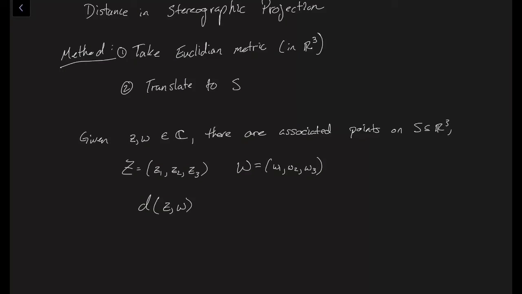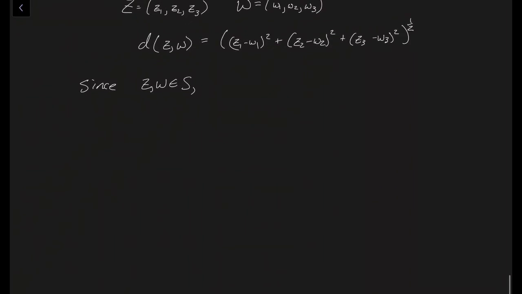So let's label the coordinates for big Z as Z1, Z2, Z3, and the coordinates for big W to be W1, W2, W3. So the distance between Z and W is going to be the square root of Z1 minus W1 squared plus Z2 minus W2 squared plus Z3 minus W3 squared.